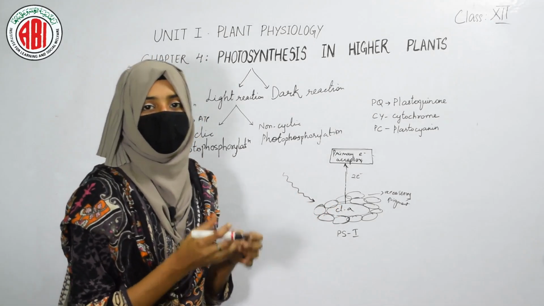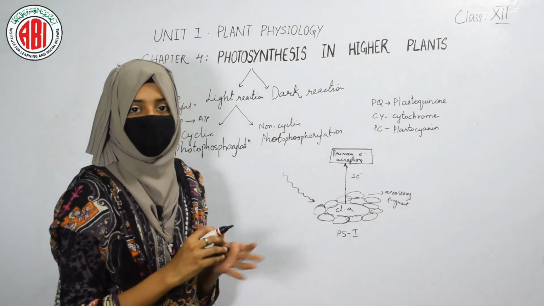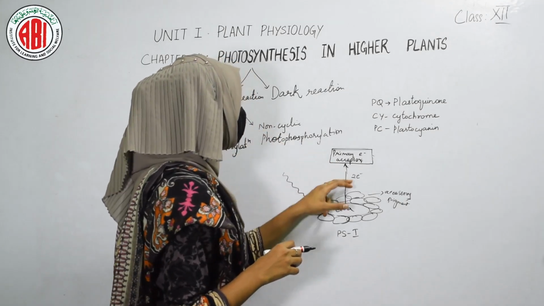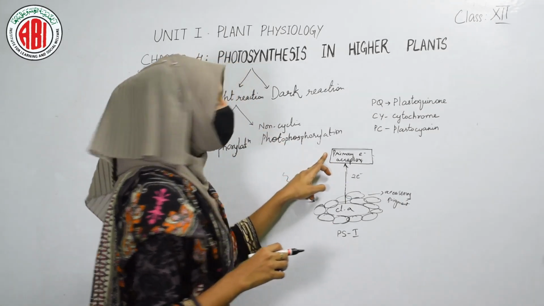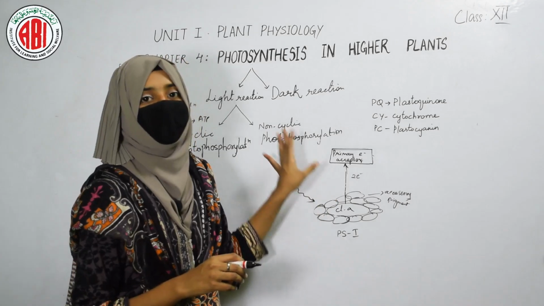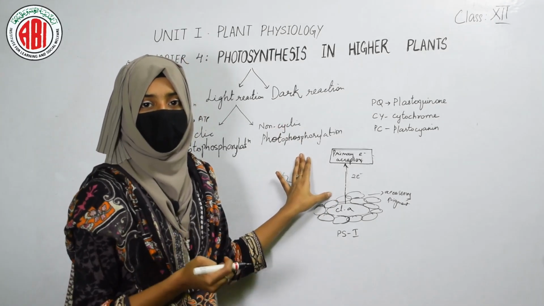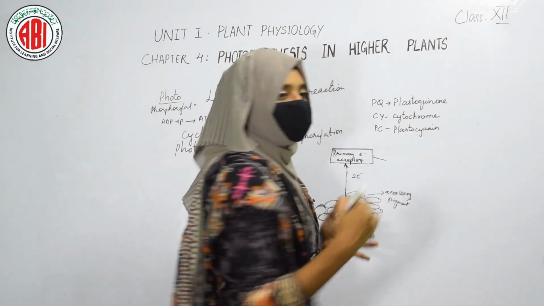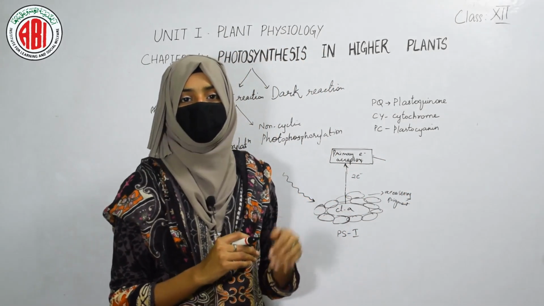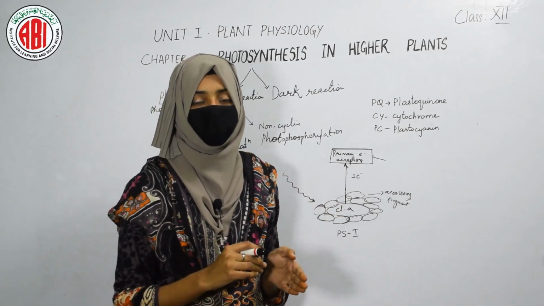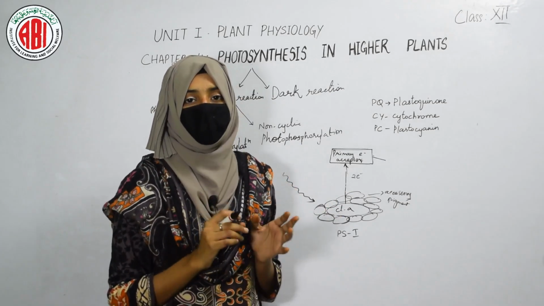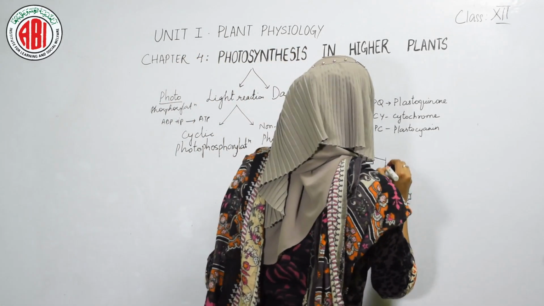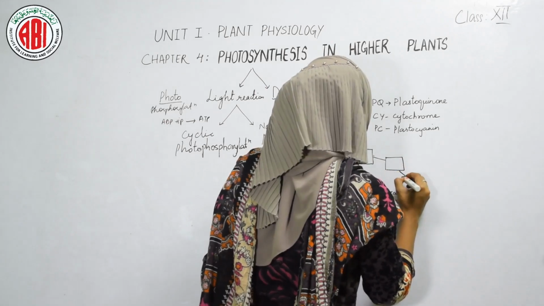Once the chlorophyll A pigment absorbs a sufficient amount of photons, it excites a pair of electrons, and that pair of electrons is accepted by the primary electron acceptor. After accepting a pair of electrons, the electron from the primary electron acceptor moves down, that means from a higher energy level to a lower energy level through some electron acceptors, and here 4 electron acceptors are involved, forming an electron transport chain.